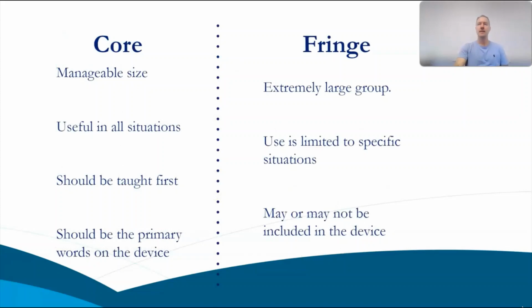So there are two main types of vocabulary we look at when setting up a system to support communication. Core words tend to be words other than nouns, including verbs, adjectives, prepositions, things that tend to describe rather than label.